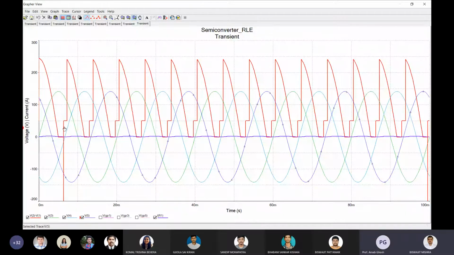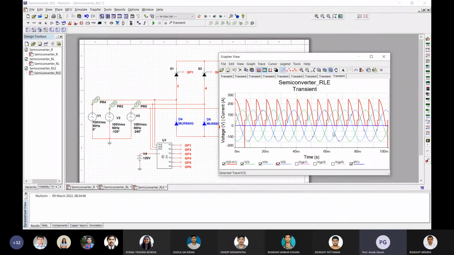During that zero current period, the output voltage becomes E, that is 50 volt, in this period. And again, when the thyristor is conducting, the voltage increases and becomes this one. That is for 60 degree, 120 degree.